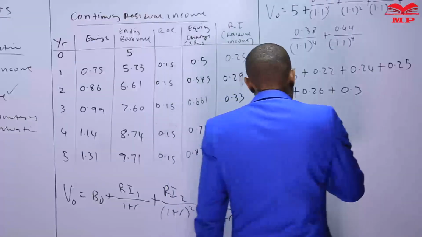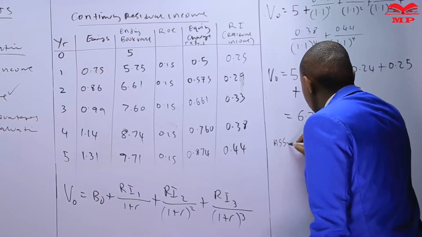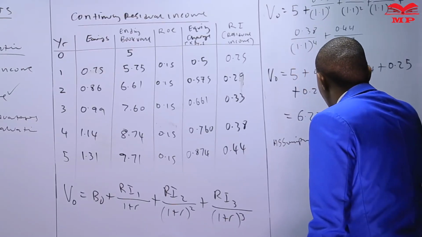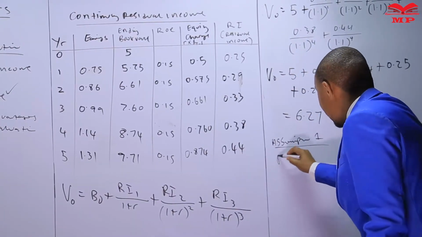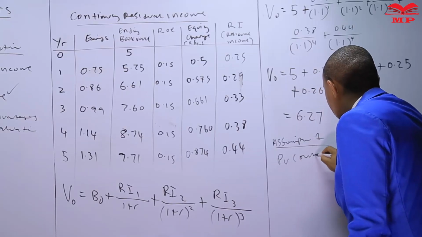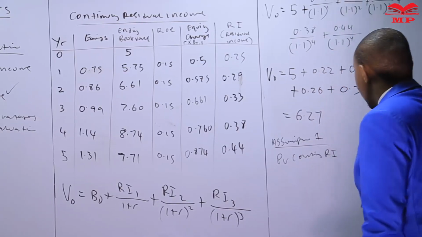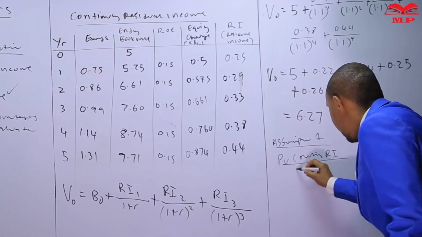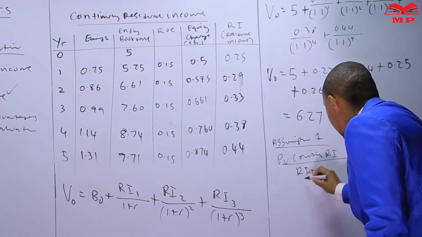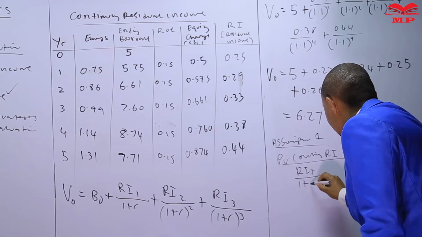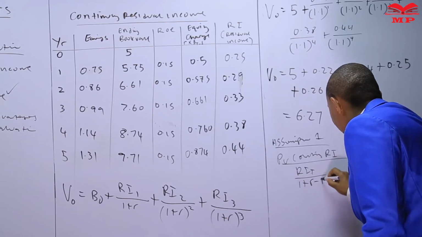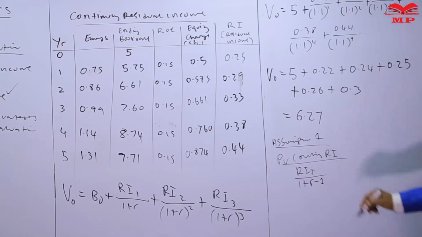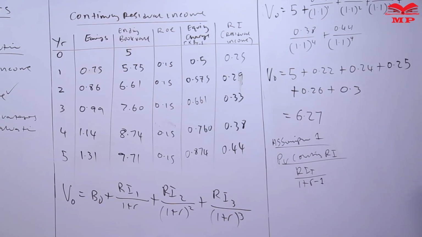So we are saying in the first assumption, we had said that the present value of continuing RI will be RIT over 1 plus R minus 1. We are saying the assumption is that it is going to be like that. So what happens?